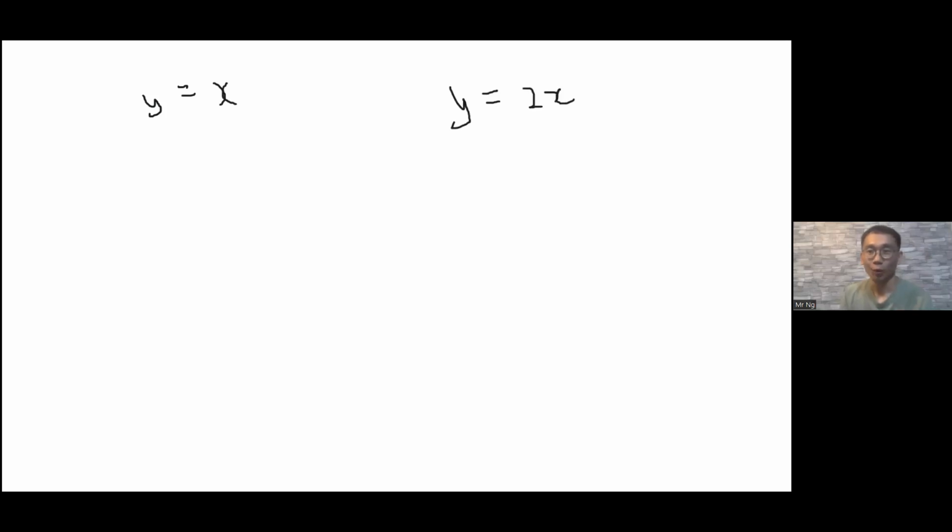I want to do something different to help you understand what an equation really is better. So this is equivalent to half y equals x. Listen very carefully, this is important.